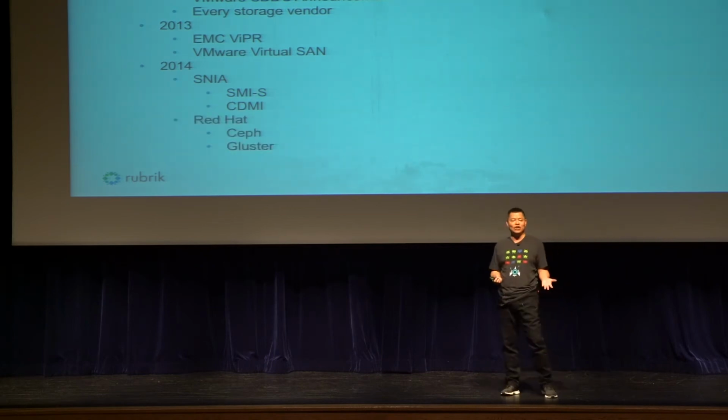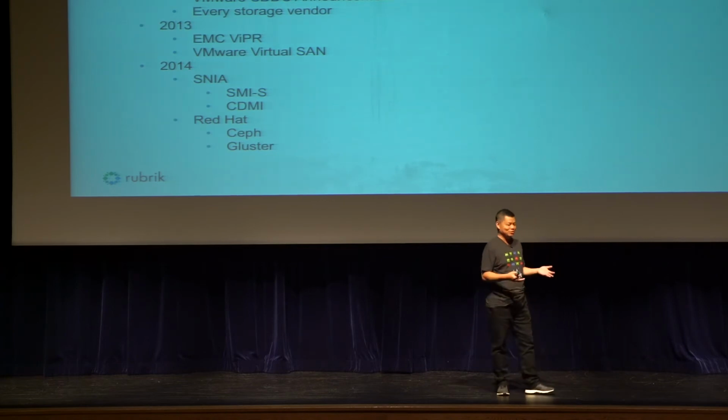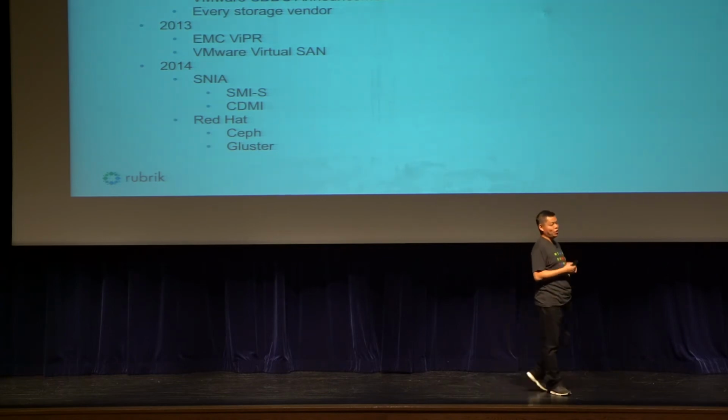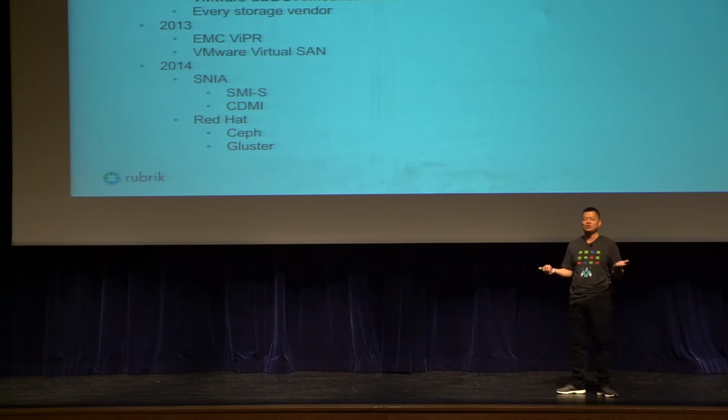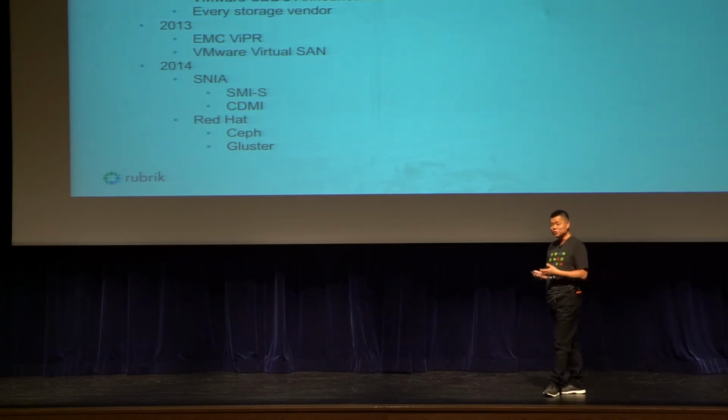And then Red Hat said, let's do some open source stuff with software-defined storage. They productized Ceph and Gluster, which were open source storage software, and proudly proclaimed that we now have software-defined storage that is open source and available.